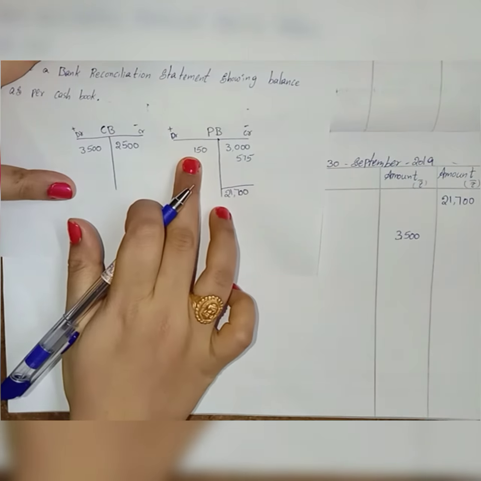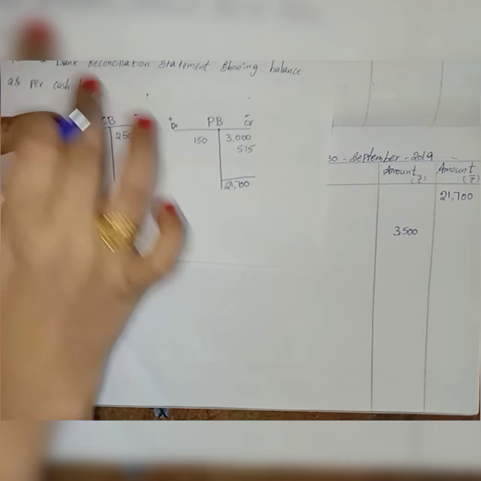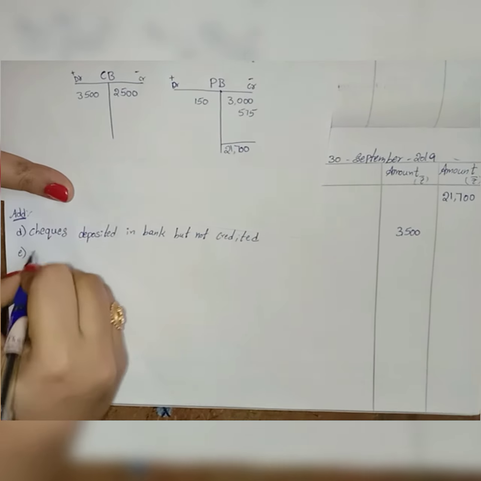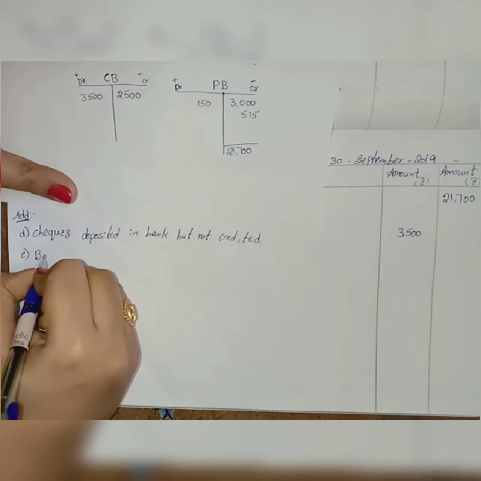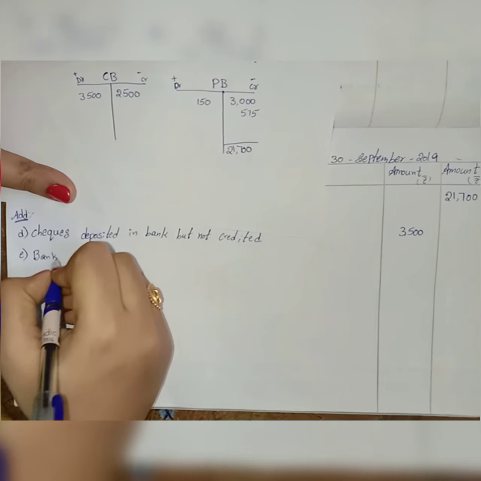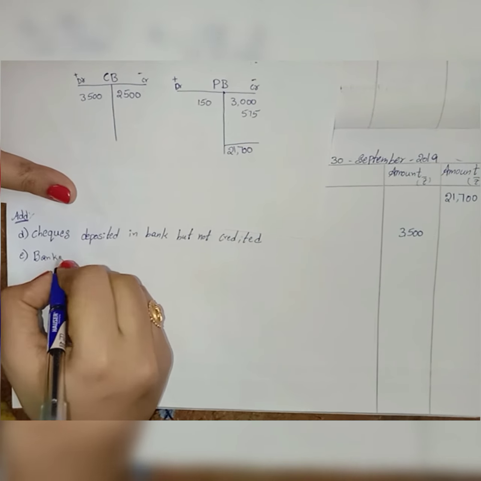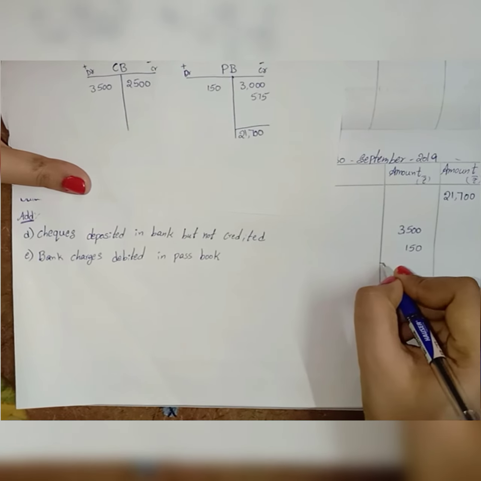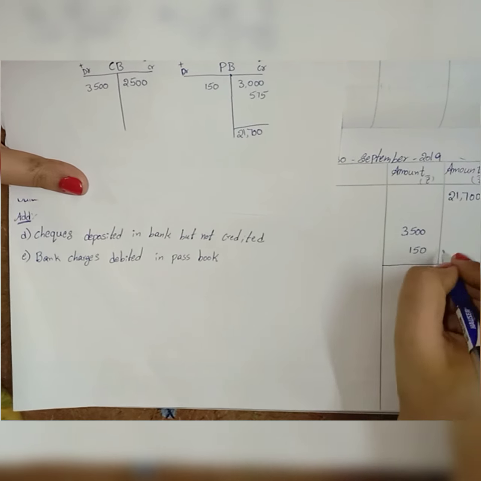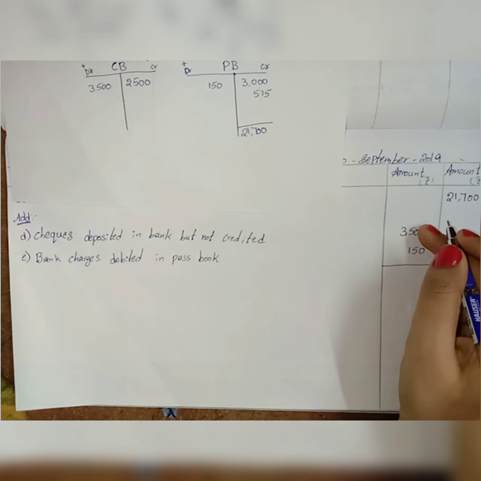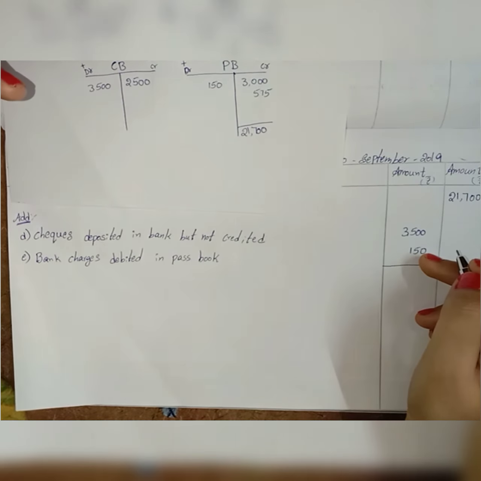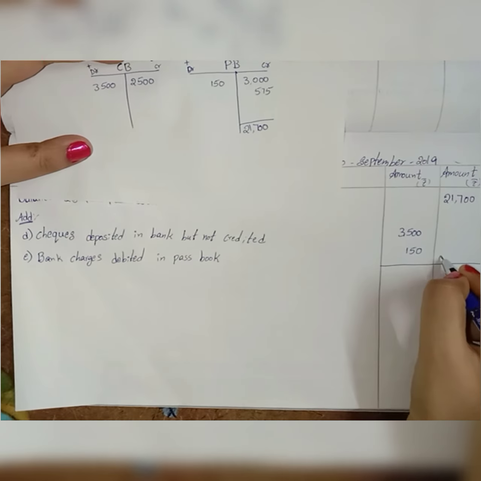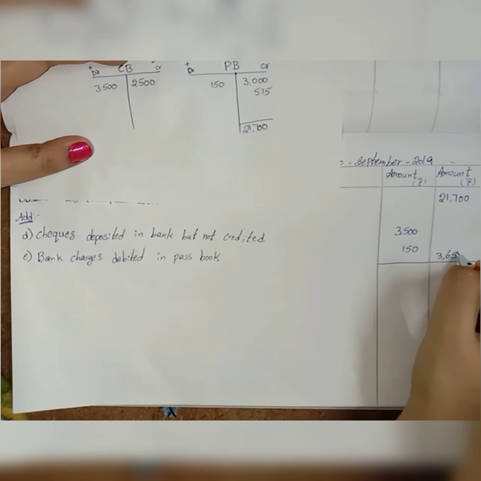And next, 150 bank charges, E. Bank charges debited in passbook, 150 in the inner column, and we have to make the total. 3,500 plus 150, 3,650.